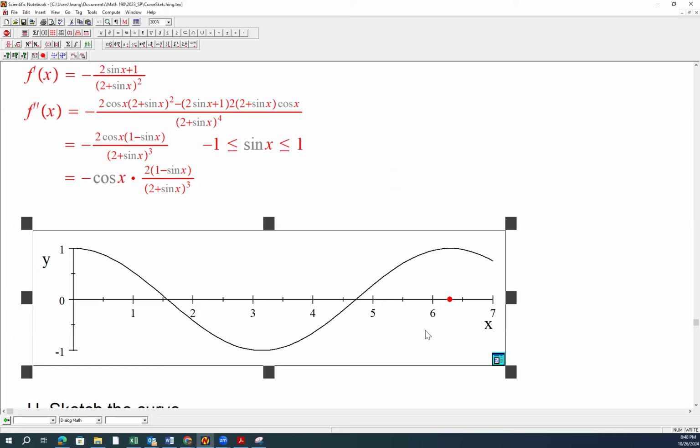Cosine is positive, this is pi over 2, this is 3 pi over 2.